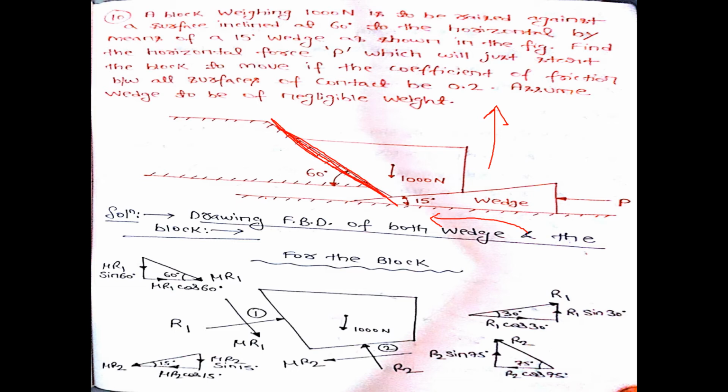So what we need to find out? We need to find out what force P we should apply so that this particular motion takes place. Is it clear? The understanding part of the problem, or is there any doubt?